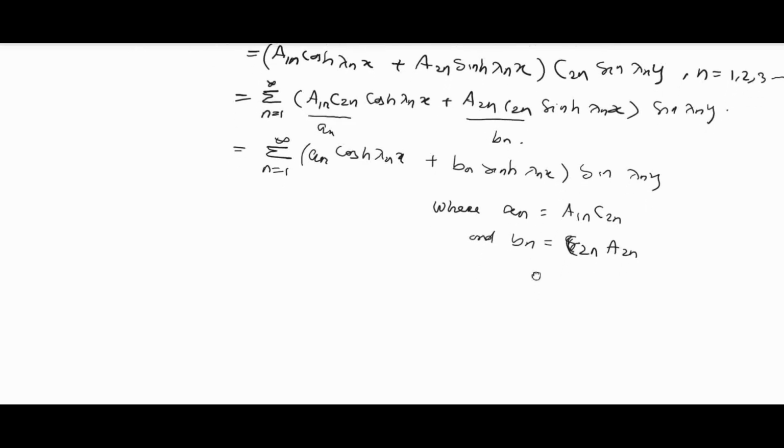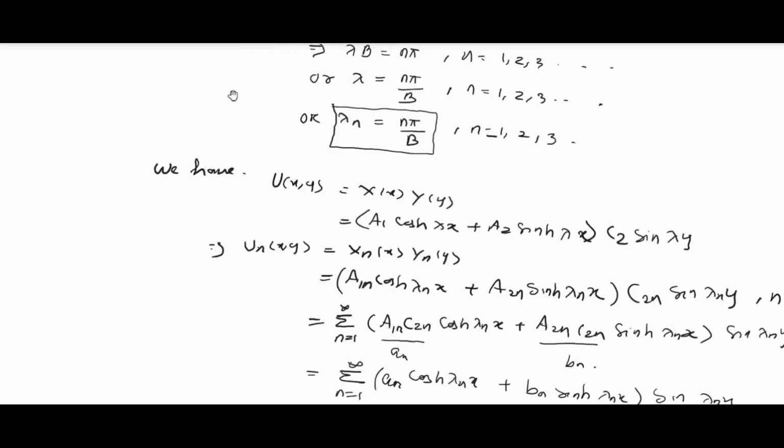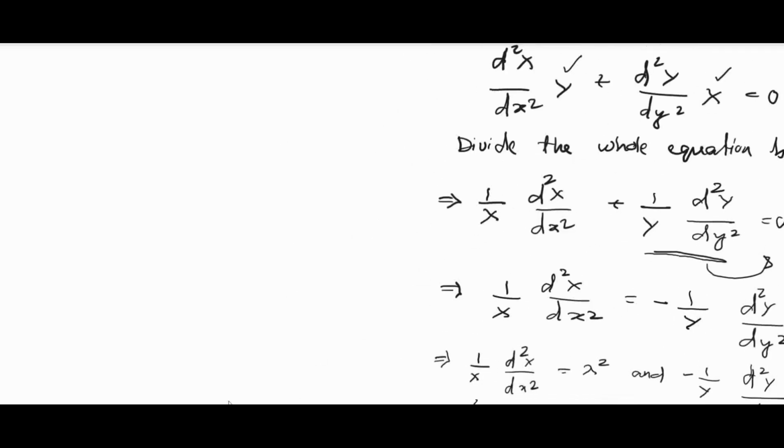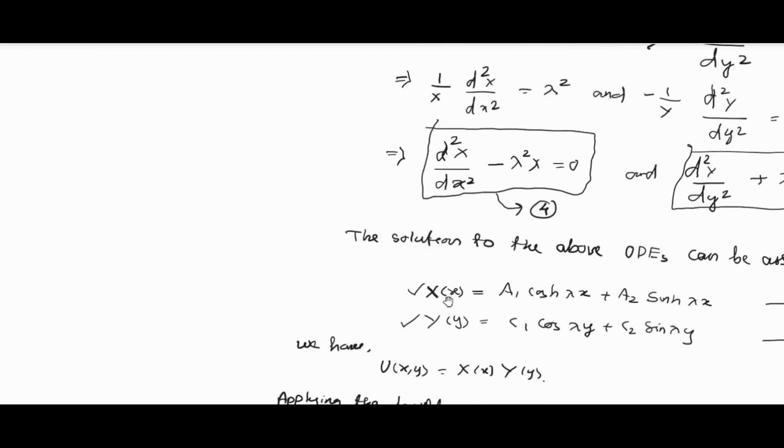Next thing is, let us use the first boundary condition. What does the first boundary condition say? Let us refer to that. First boundary condition: when x is equal to 0, u is equal to u0 y by b. So let us write that one.